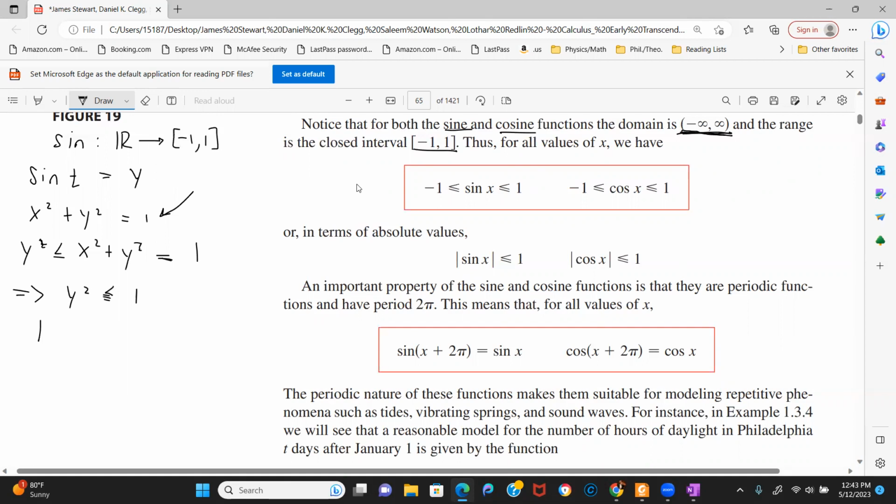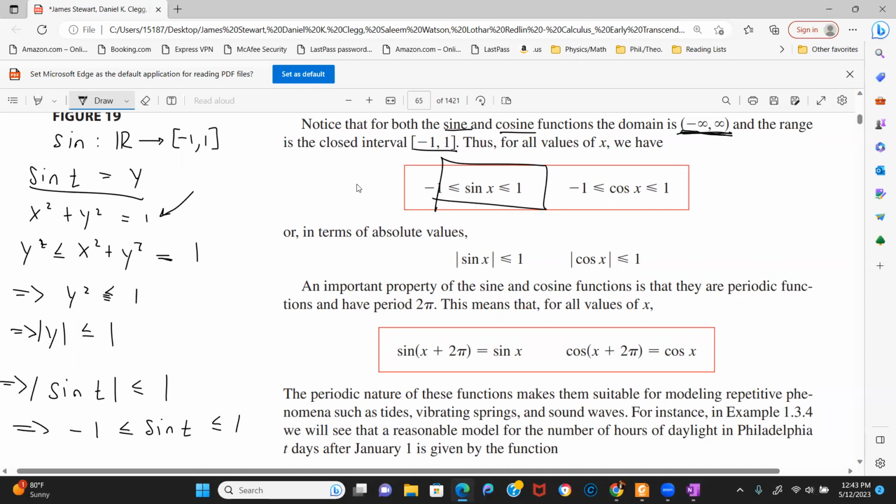And if you take the square root of both sides, you get that the absolute value of y is less than or equal to 1. But y is just sine t. So you're saying the absolute value of sine of t is less than or equal to 1, which is the same thing as saying that sine of t is between -1 and 1, which is exactly this inequality right here. And you could do the same sort of argument for cosine.